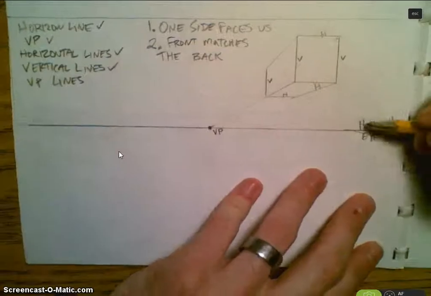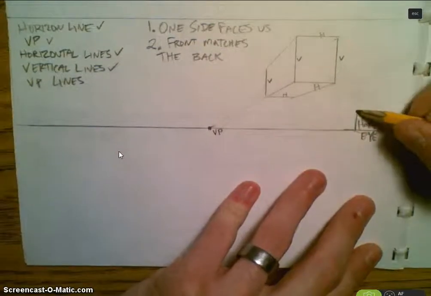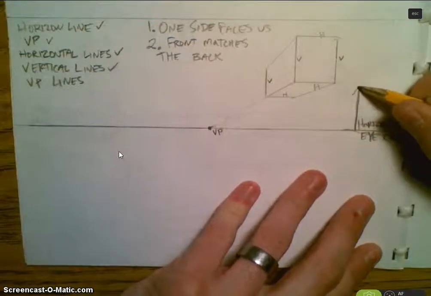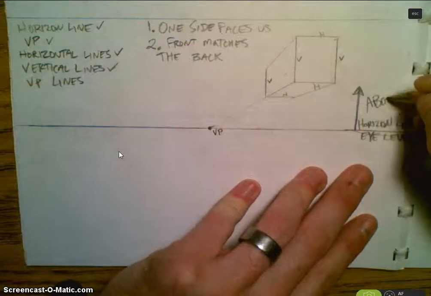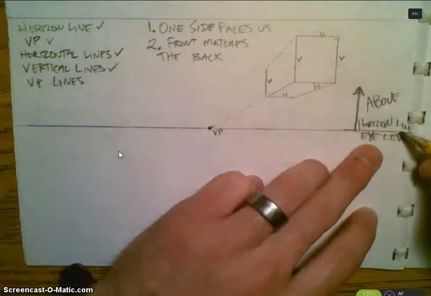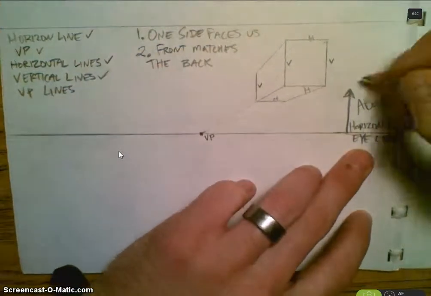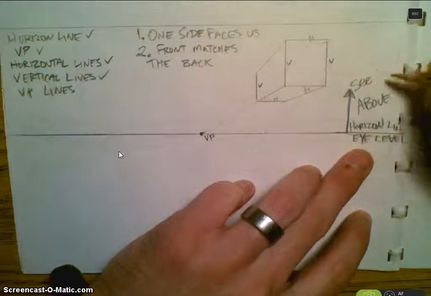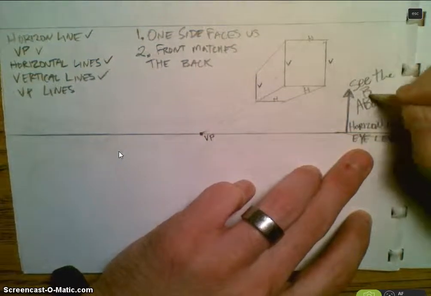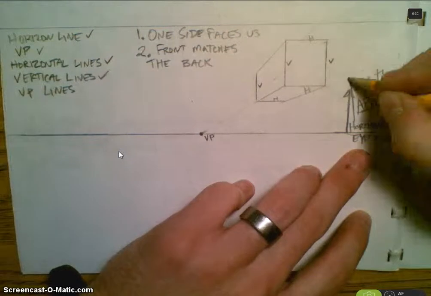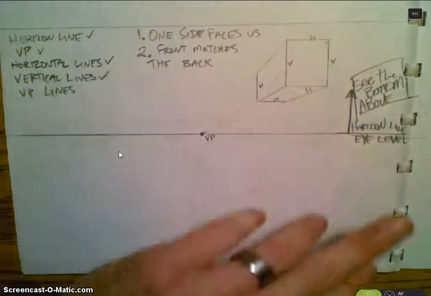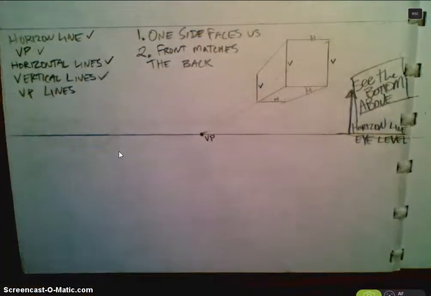Now one thing that we notice is I'm going to draw this arrow right here above the horizon line. We see the bottom. Above the horizon line, we see the bottom, and you're going to see how that changes depending on where our boxes are on that horizon line.